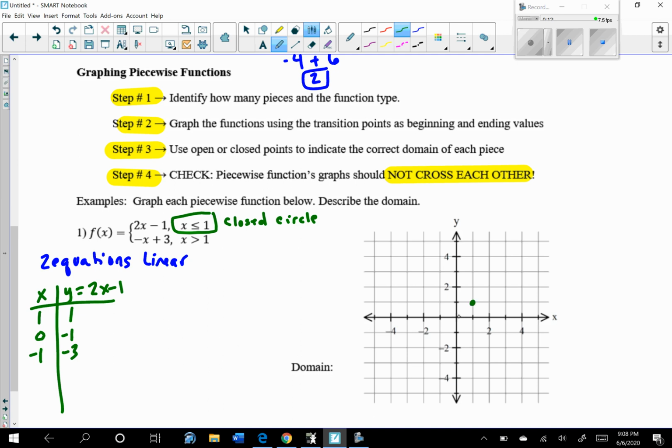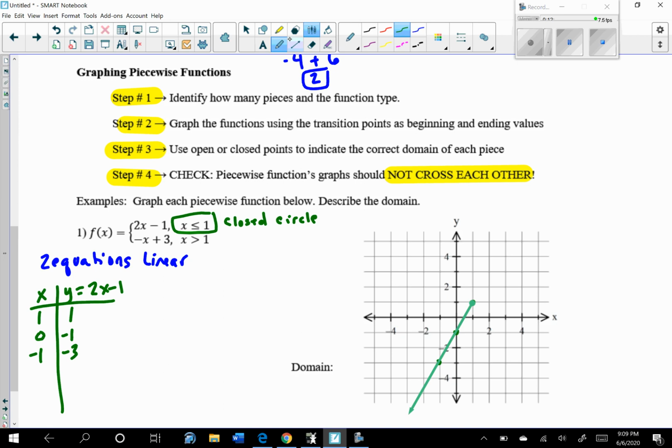Then the next points are (0, -1) and (-1, -3). Now I can use my ruler to draw the linear function. So now I've graphed my linear function, it's just a straight line.